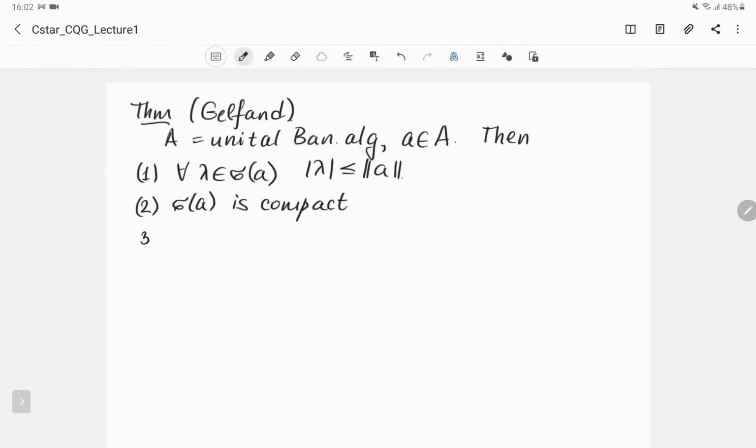And finally, if our algebra is not 0, then the spectrum of A is non-empty.